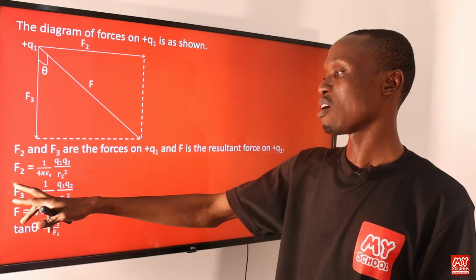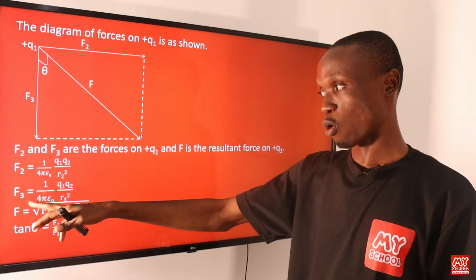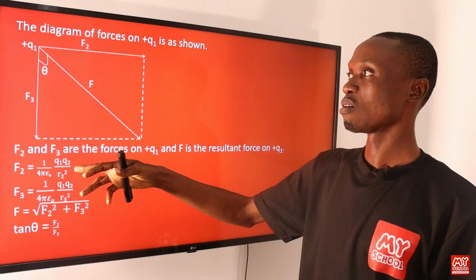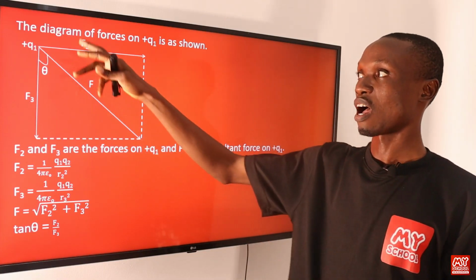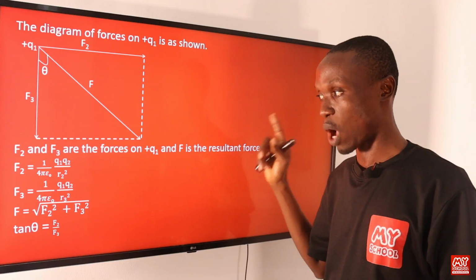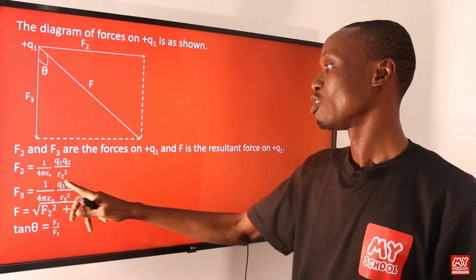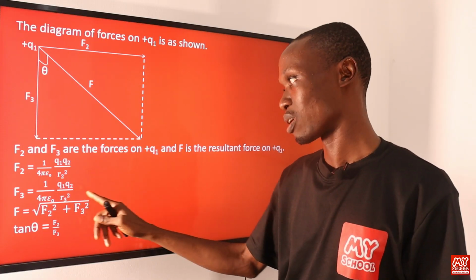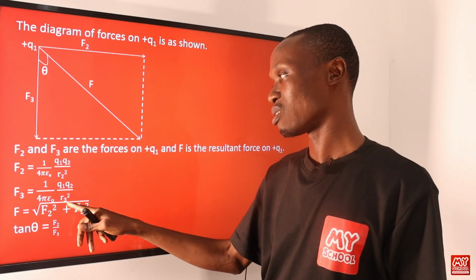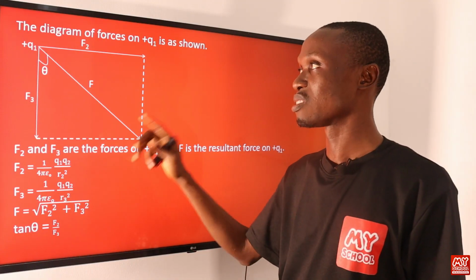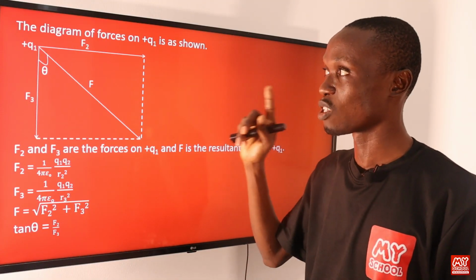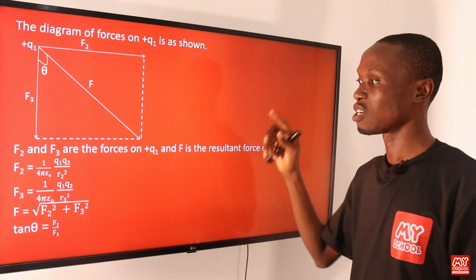While for F3, the electric force by which the negative charge Q3 attracts the positive charge Q1, is equal to 1 over 4 pi epsilon naught, Q1 Q3, over r3 squared. So r3 is the distance between the positive charge Q1 and the negative charge Q3.